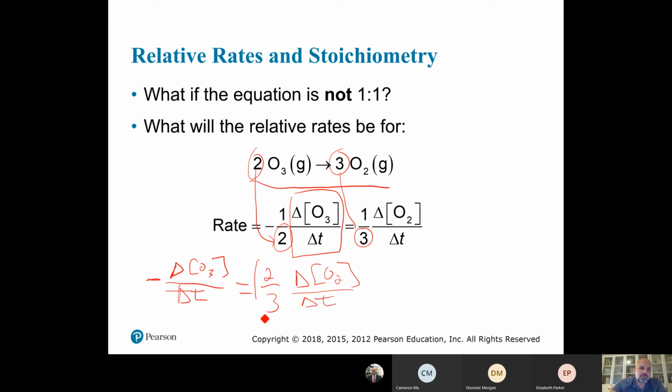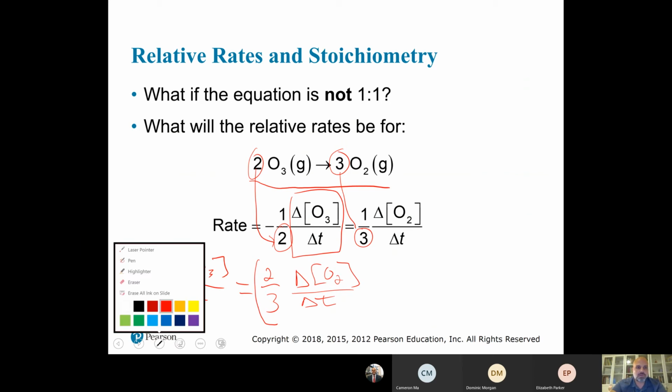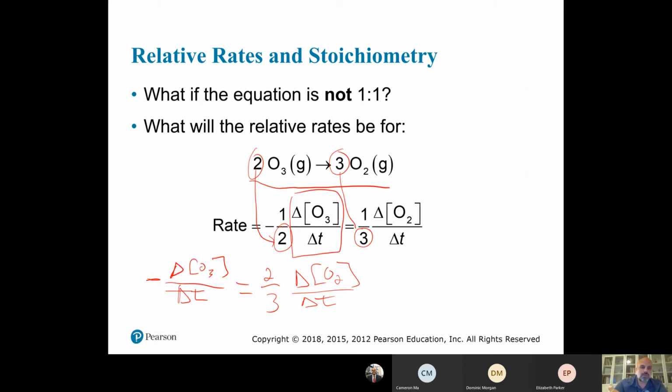This 2/3 that is sitting here, think about the original equation, go back to last semester. We know that for every 2 moles of ozone, we're going to produce 3 moles of oxygen.